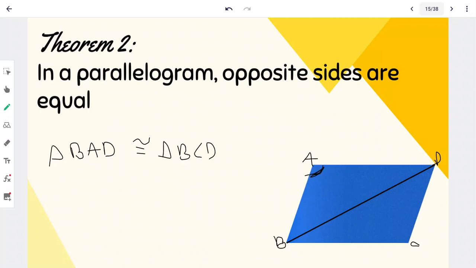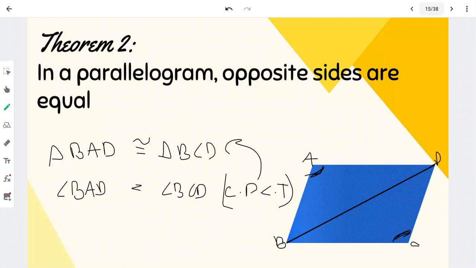Angle A and angle C. So angle BAD and angle BCD will both be equal by CPCT, corresponding parts of congruent triangles. Next, angle ABD is equal to angle CDB, again by CPCT.